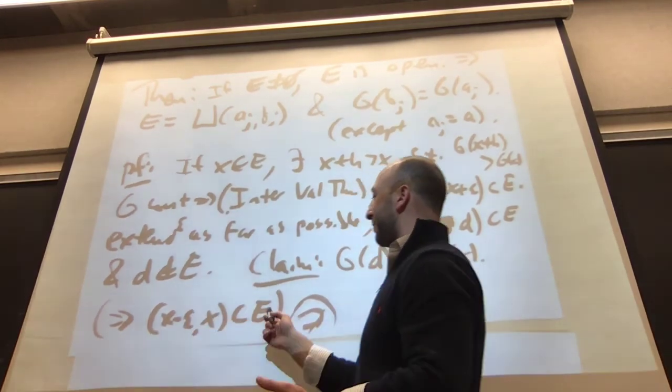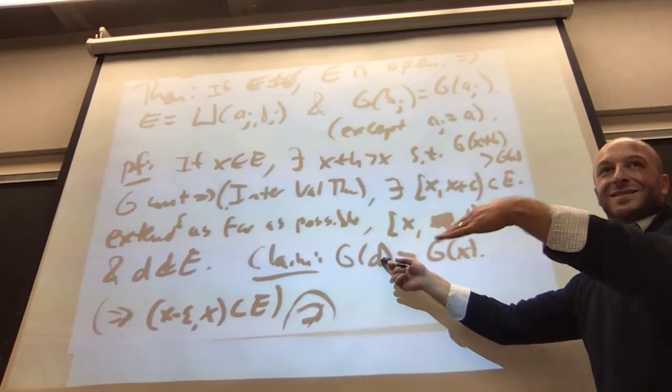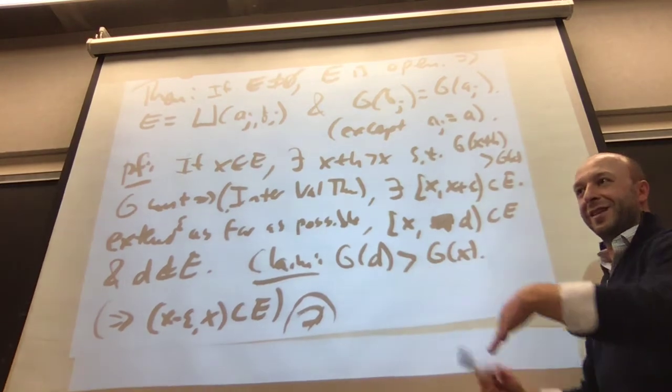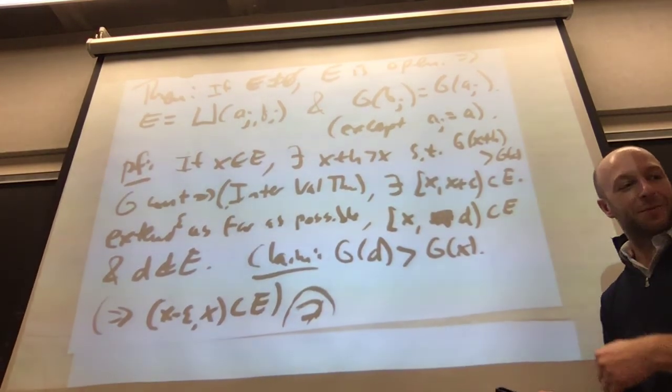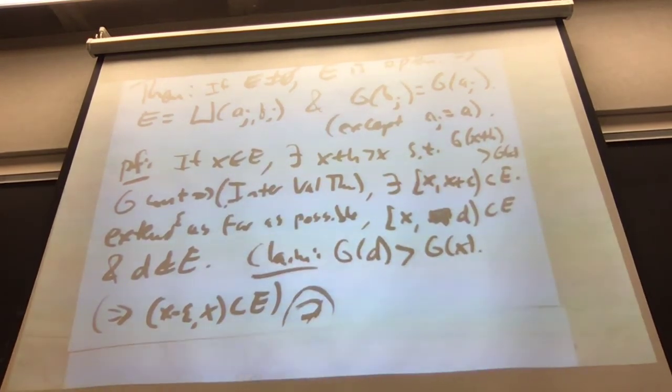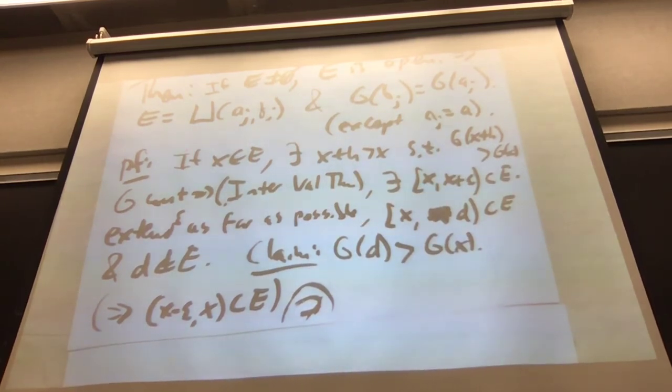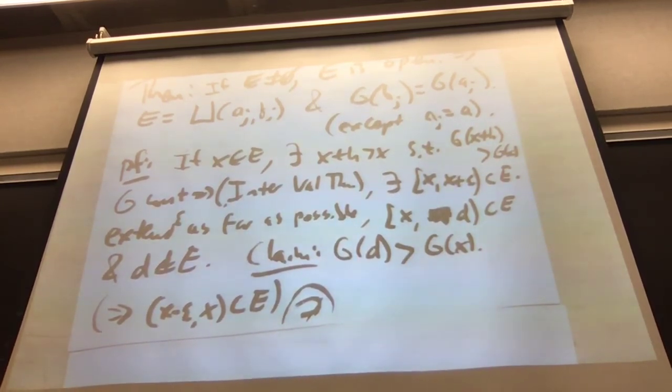So all of these have to be in E because there's a value that's twice as far from their values as g of x. Okay? So if I can prove this claim, then that implies the openness of E. But the claim is actually more important than the openness, which you can prove by other means.